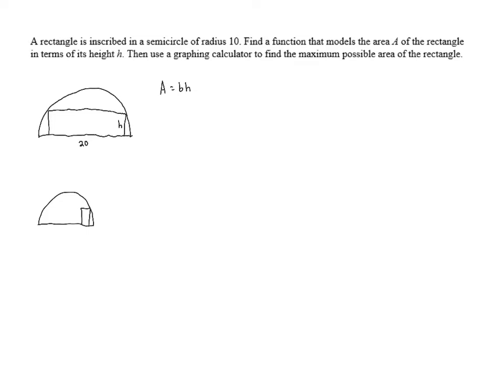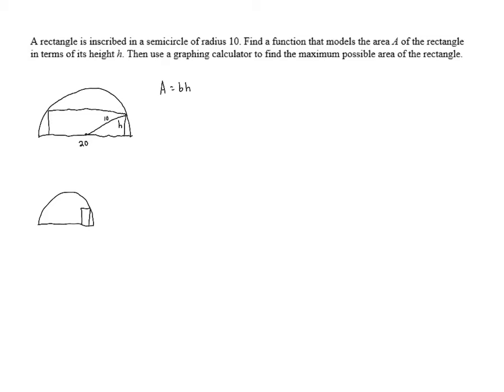Now what we can do is use the fact that we know the radius is 10, and if we draw in a line segment from the center of the circle that the semicircle is a part of up to the upper right-hand corner of the rectangle, that is a representation of the radius.